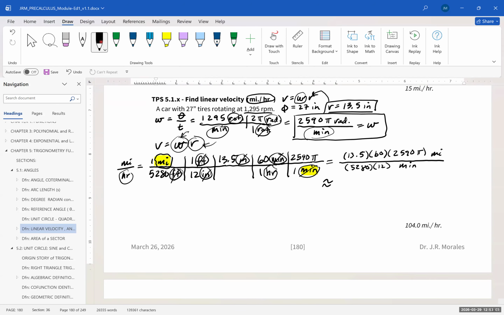And that should come out to about 104 miles per hour for our linear velocity. Okay, so a car with 27-inch diameter tires going at 1,295 revolutions per minute is going a little over 100 miles an hour.